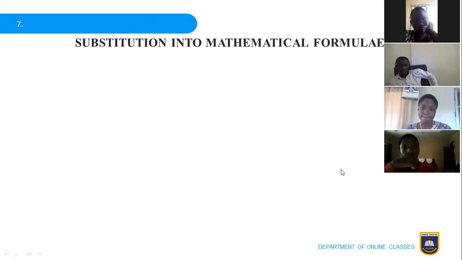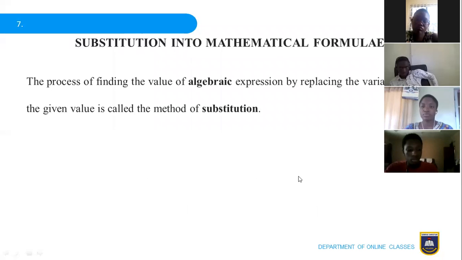Substitution into mathematical formula. Now that we know how to write the formulas or derive the formulas from statements, let's see how we can substitute or replace those letters in the question or in the formula with numbers. So let's see what we have to do here.